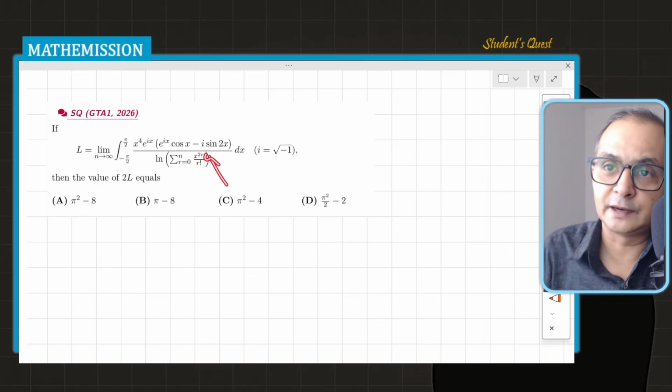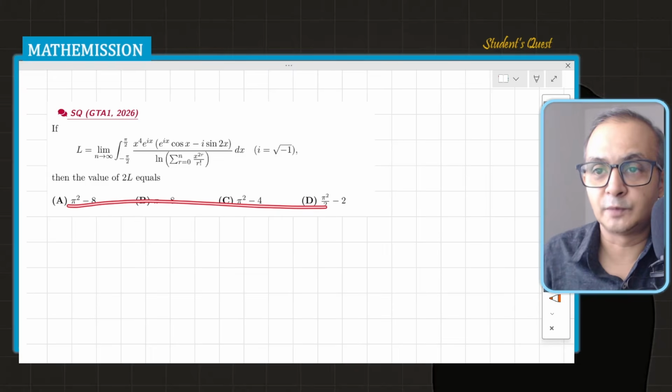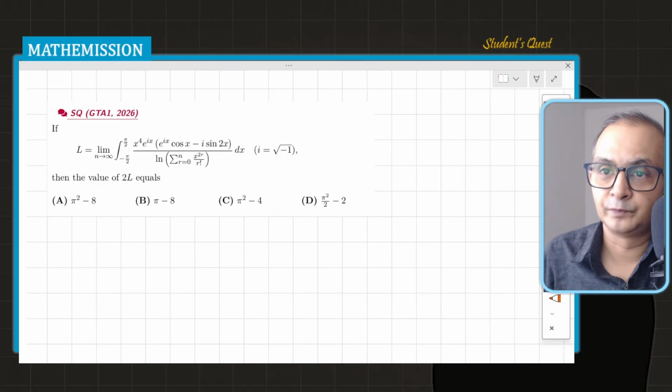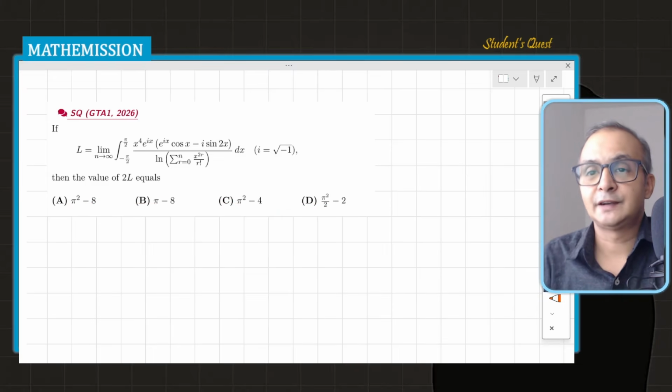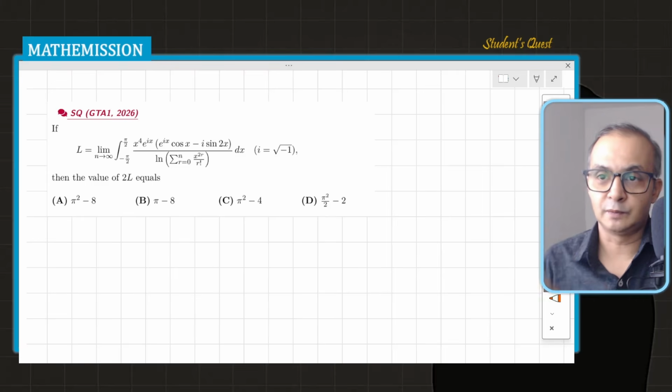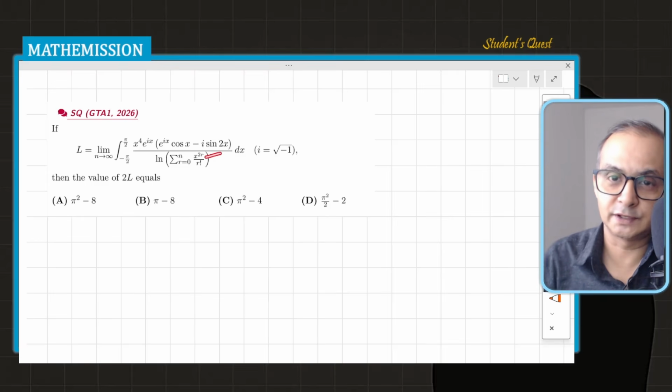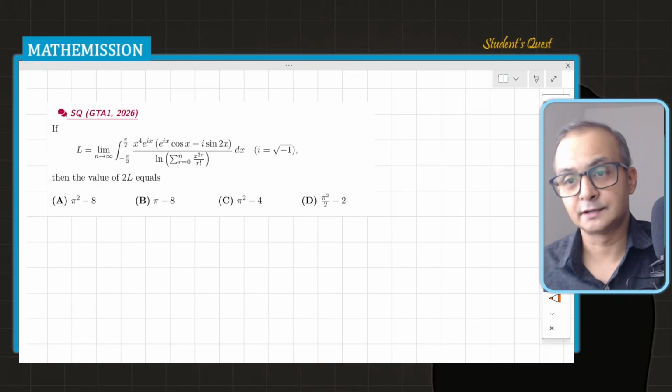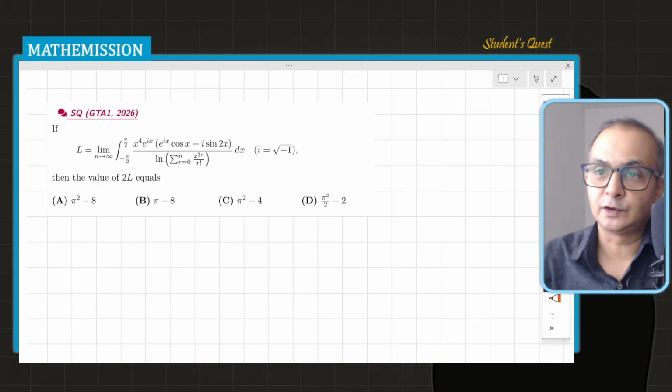That must be r there. Otherwise, none of the options will come as the answer. And it is natural to understand, because they will not introduce this log and everything and make it complicated. So we are assuming that it should be r. There was a typo in that question.